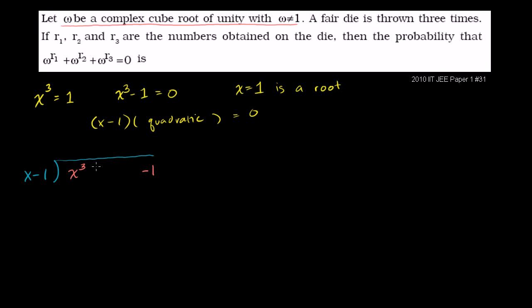I wrote it out this way so I have space to keep our counting pretty clean. So we just do algebraic long division here. X minus 1 goes into x to the third minus 1. You just look at the highest degree terms. X goes into x to the third x squared times. X squared times x is x to the third. X squared times negative 1 is minus x squared.